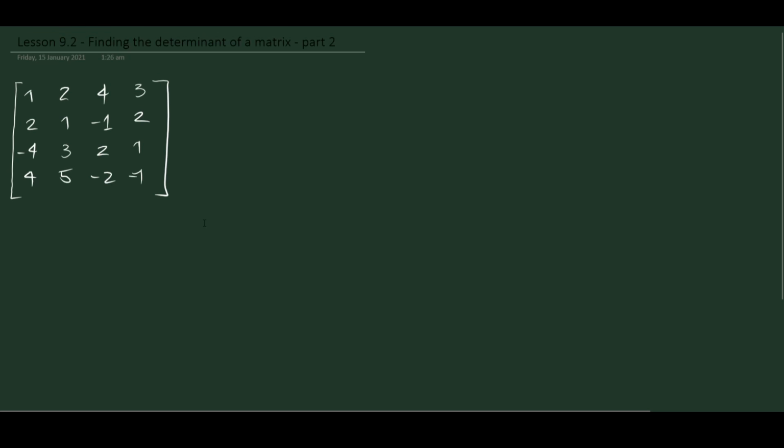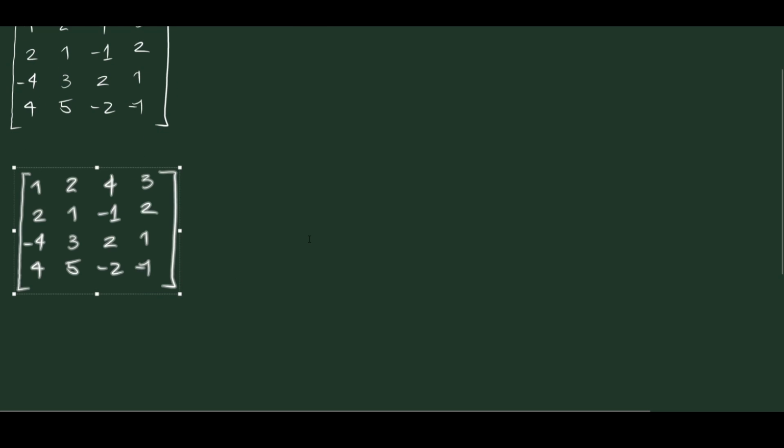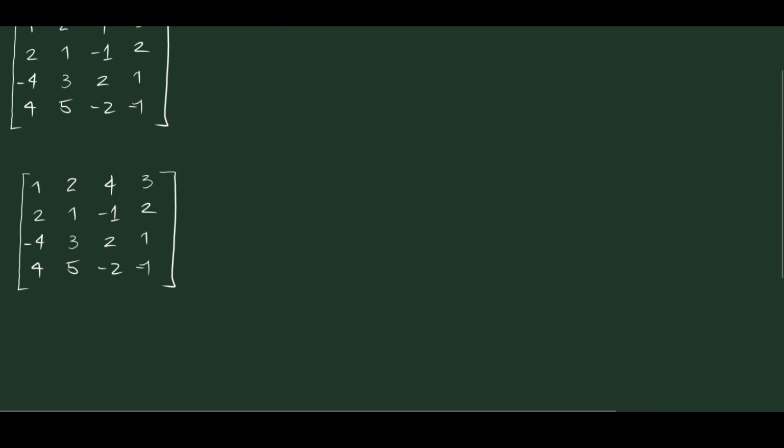Okay, so this is our given. What we need to do first is copy this, and then create another one here so that we have a copy of our original. Then we are going to start in the first column, first row.